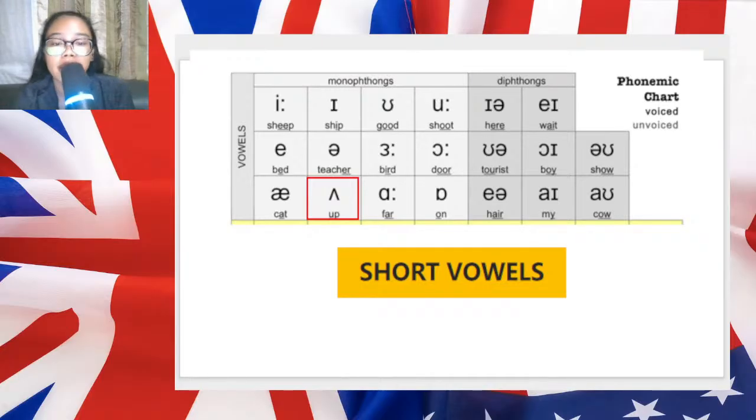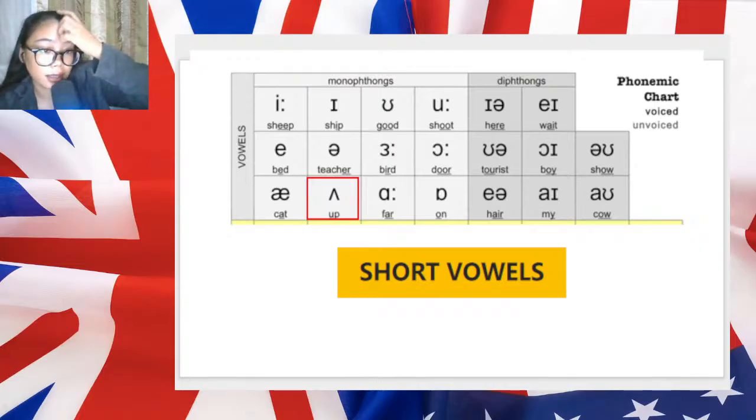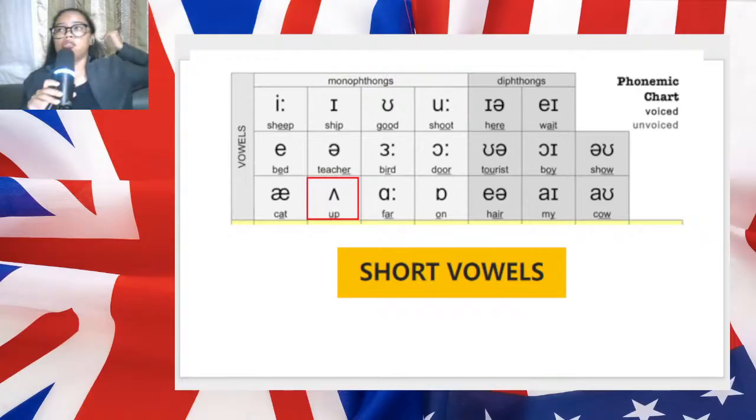That is an arrowhead pointing up, or an upside down letter V. The sound of this one is more like uh. How do I say this? It's more like the UH sound.